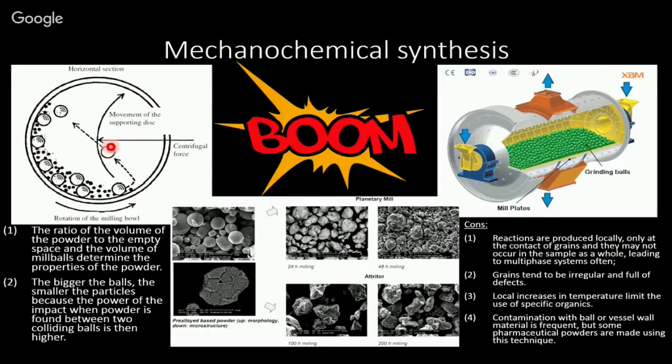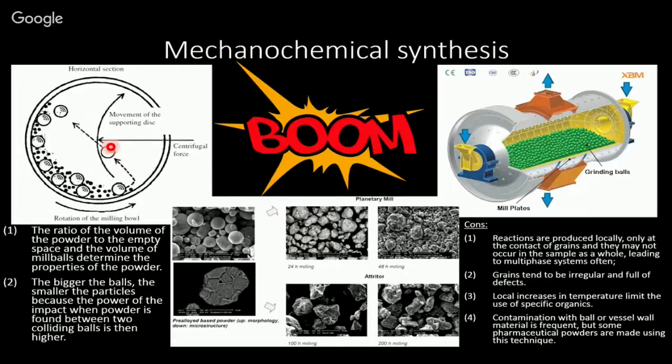The collision between the balls, when the powder is caught in between the balls, leads to breaking down of the powder particles. So it's a very robust process, and you can break these huge agglomerates into smaller ones, and you can end up with nanoparticles.